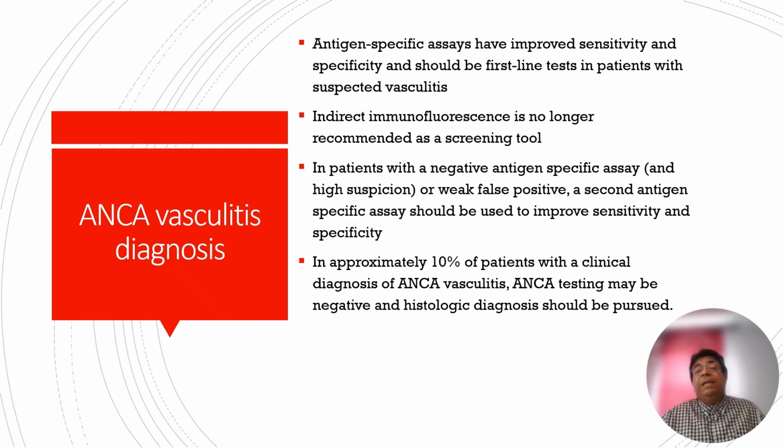In patients with a negative antigen-specific assay and high suspicion, or weak false positive, a second antigen-specific assay should be used to improve sensitivity and specificity. In approximately 10% of patients with a clinical diagnosis of ANCA vasculitis, ANCA testing may be negative and histologic diagnosis should be pursued.